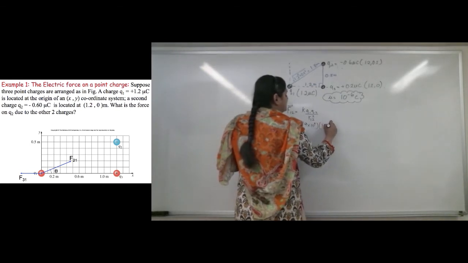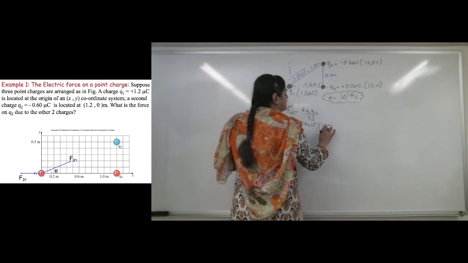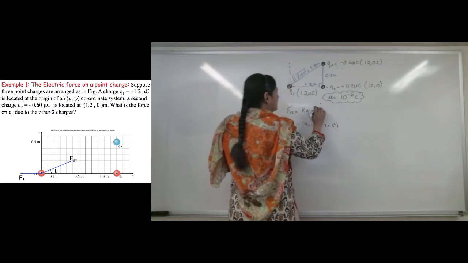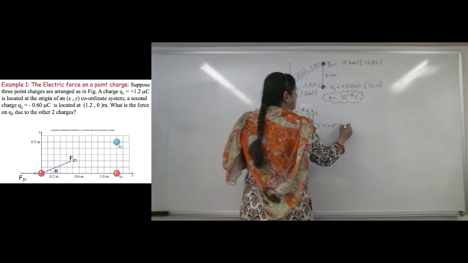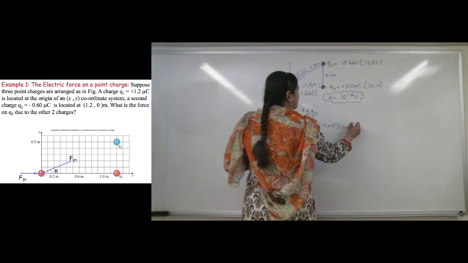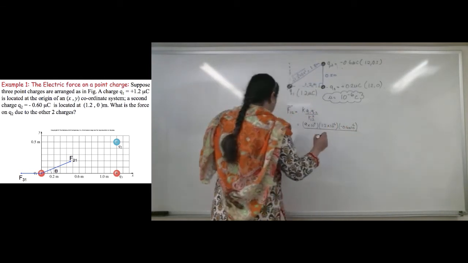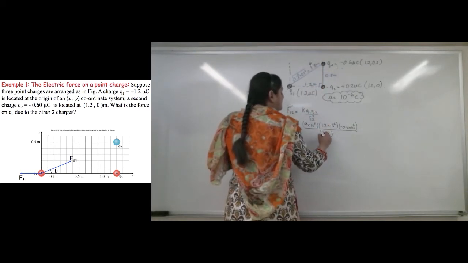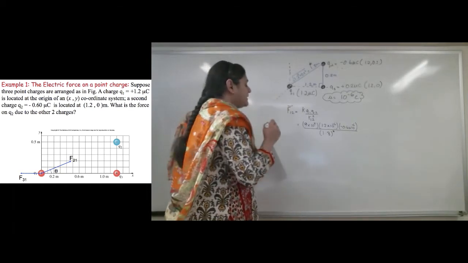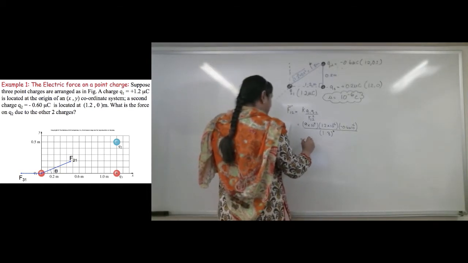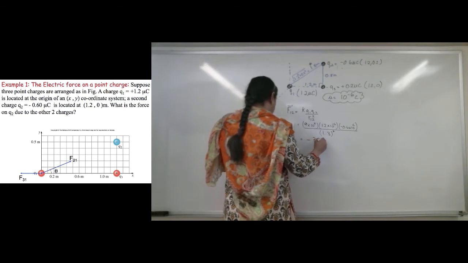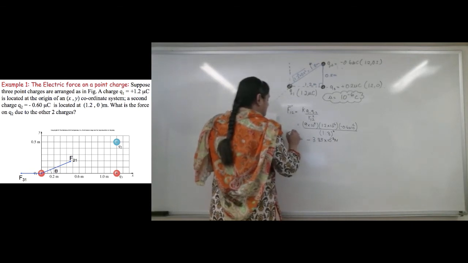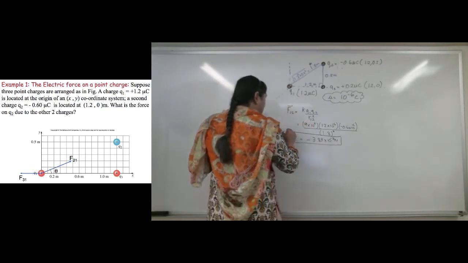This will be 1.2 microcoulomb, which is times 10 to the minus 6, and then Q2, which is minus 0.6 times 10 to the minus 6, divided by R12, which I just calculated to be 1.3, squared. Once I plug in all my numbers, I get minus 3.83 times 10 to the minus 3 newtons. So F12 is that.